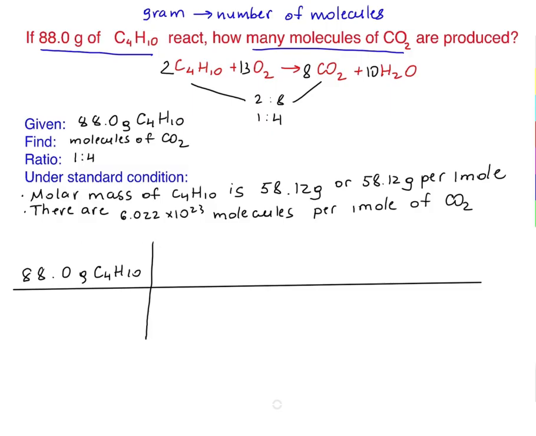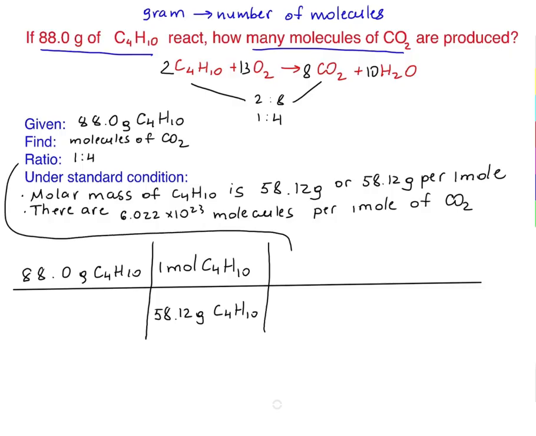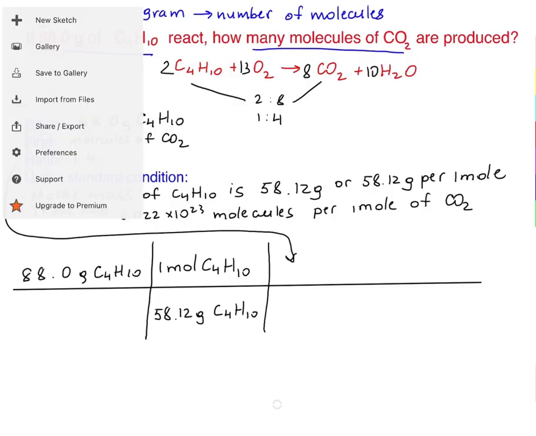So I'm going to go ahead and write my standards next. All you need to pay attention to is which one you're writing on top and which one on the bottom. Under standard condition, the molar mass of butane is 58.12 grams per 1 mole of butane, C4H10. Make sure 58.12 is on the bottom because you need to cancel out those units.